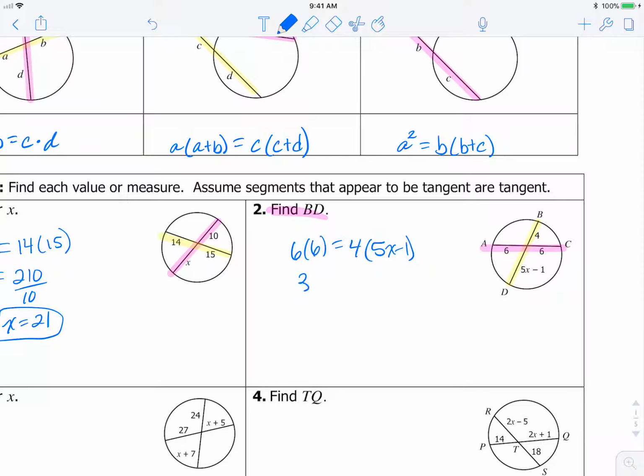So 6 times 6 is 36. This is going to be 20x minus 4. Add 4, add 4. This is 40 equals 20x. Divide by 20, divide by 20. X equals 2. Now you're going to find the measure of BD.